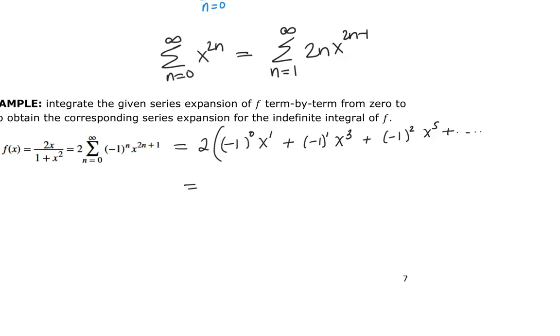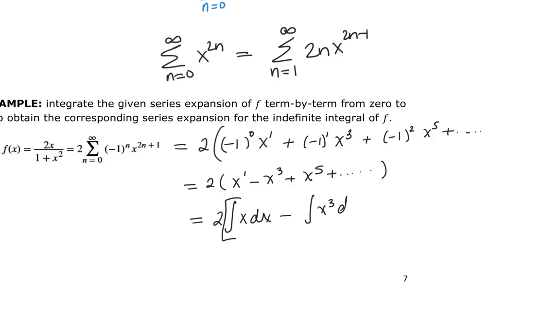And this then, I would have 2, I'd have x to the 1, and then minus x to the 3rd, and then plus x to the 5th, plus dot, dot, dot. And then I would start the integration. So I have 2, the integral of x dx, minus the integral of x to the third dx plus the integral of x to the fifth dx plus dot dot dot.